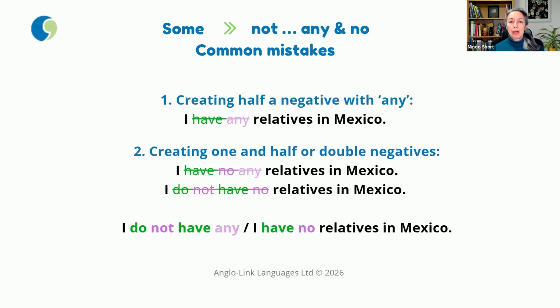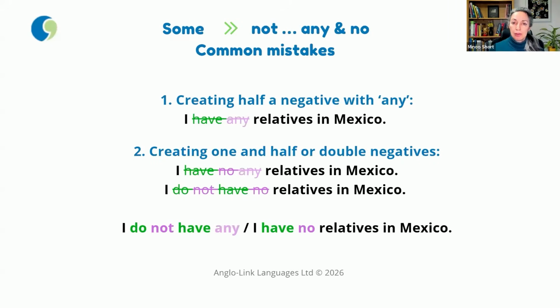Now, I would like to just mention the very common mistakes that I hear, so hopefully you will be able to avoid them. The common mistakes are either creating half a negative with any, so using any with a positive verb and saying things like, I have any relatives in Mexico. This can be very confusing. We don't know if you are saying that you do have or you do not have relatives in Mexico.